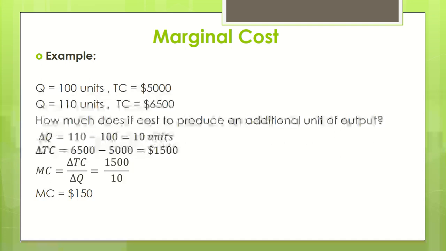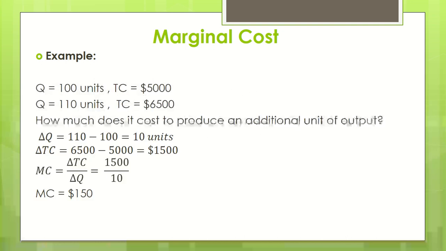And step 2 is we have to calculate the change in total cost, that is $6,500 minus $5,000. So the answer is $1,500. That means that this amount, $1,500, is the change in total cost.